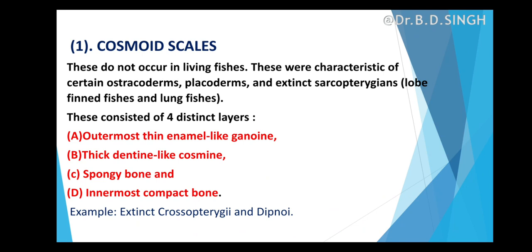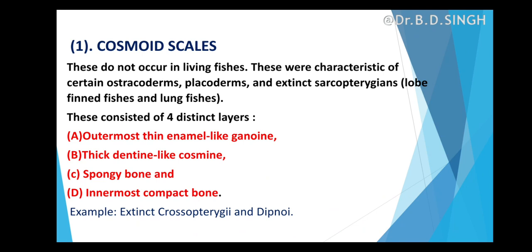The cosmoid scales are found in the extinct crossopterygians and dipnoi. The external layer of the scale is thin and enamel-like and is called the vitrodentine. These were characteristic of extinct ostracoderms and placoderms, for example, lobe-finned fishes and lungfishes.